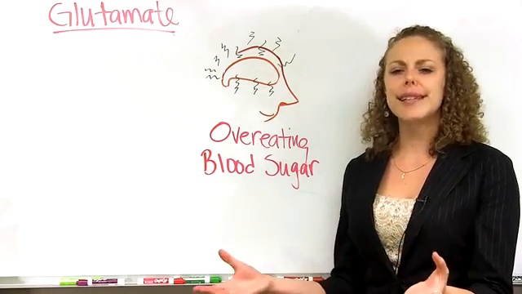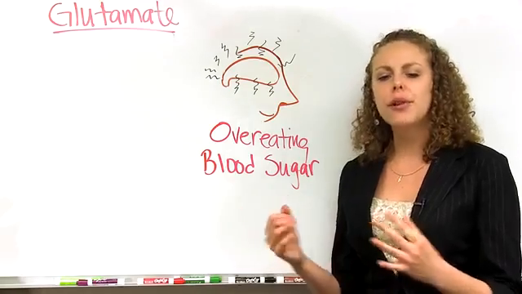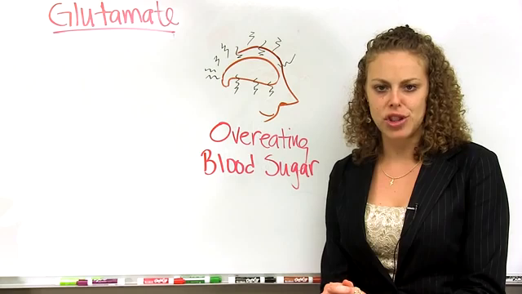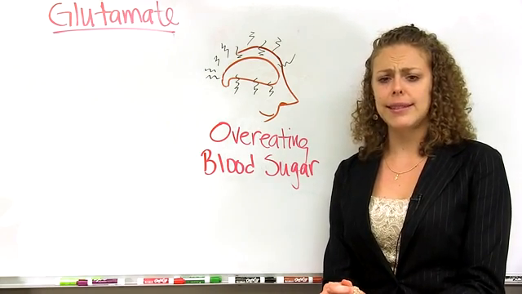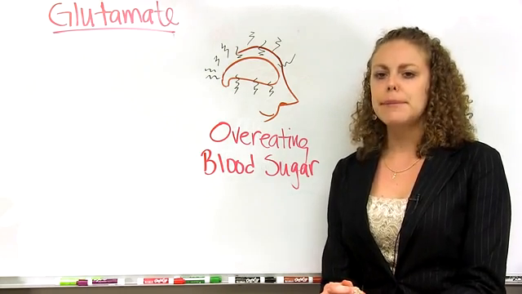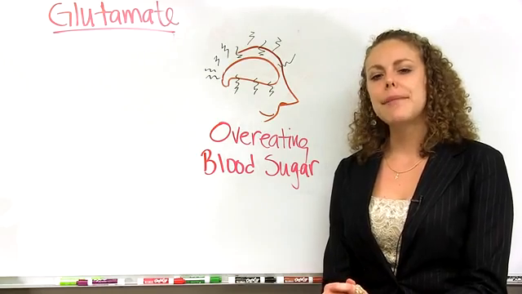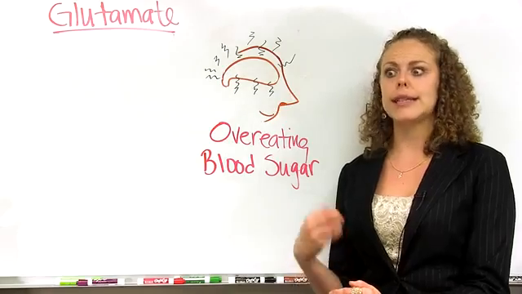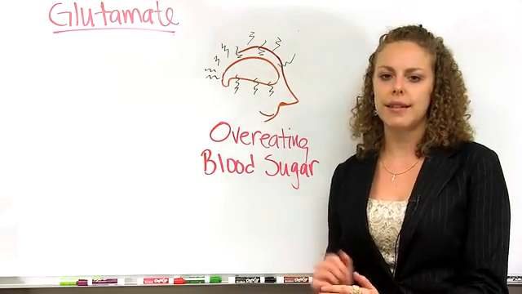So how does MSG affect our food intake? Why is it that mice injected with MSG will end up obese and diabetic? It's because glutamate stimulates an insulin response and actually causes our body to release more insulin than we need.